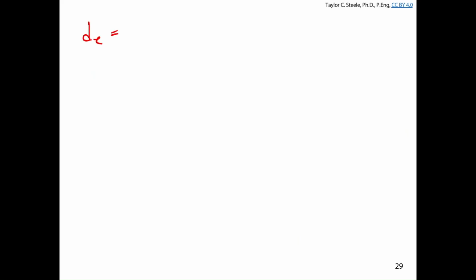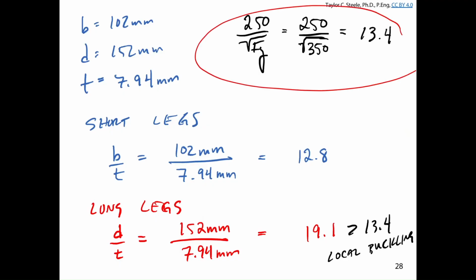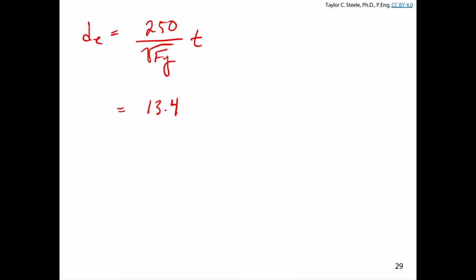That is going to be equal to 250 over the square root of Fy times T. We've already calculated 250 over the square root of Fy, which is 13.4, the width to thickness ratio limit up here, multiplied by T, which is 7.94. The effective length for the long legs is going to be 106 millimeters.